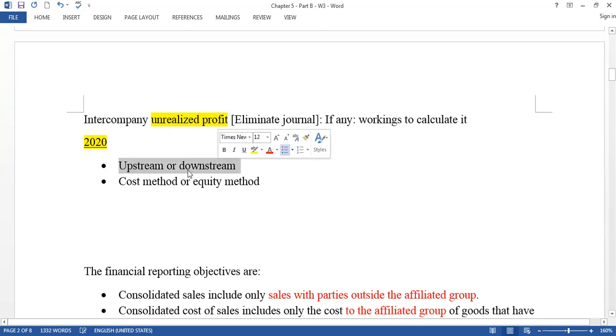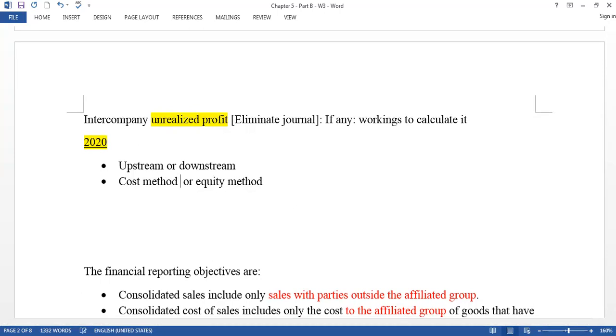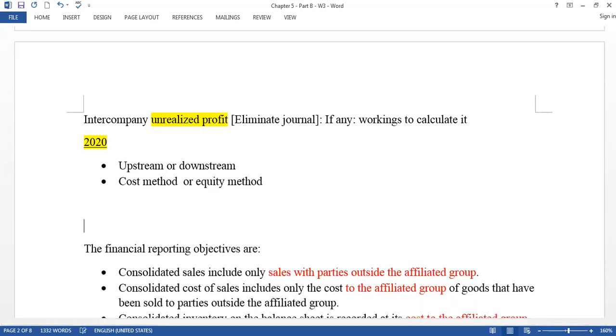Upstream has one kind of journal entry, downstream has another type. And you have to find out whether it is cost method or equity method, because cost method is related with profit, and for equity method, we have the investment account. So we have different journal entries.